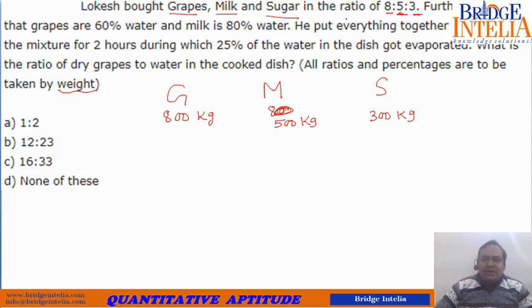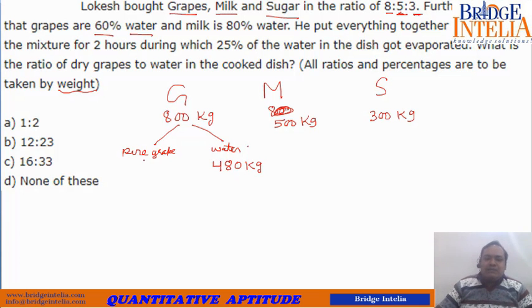Now what next? It is known that grapes are 60% water. So out of this 800 kgs, some part is pure pulp or pure grape. The remaining is water. So 60% of 800, that means 480 kgs is pure water. So remaining 320 kgs is pure pulp, edible part, pure fruit.